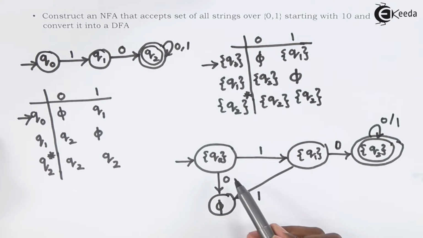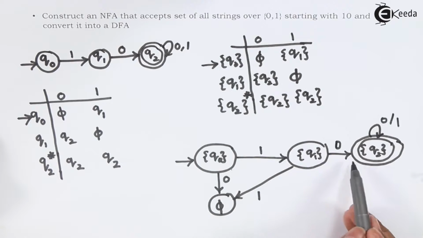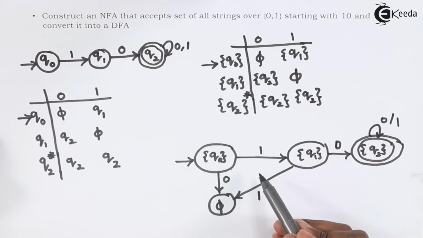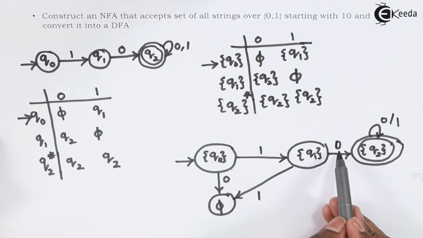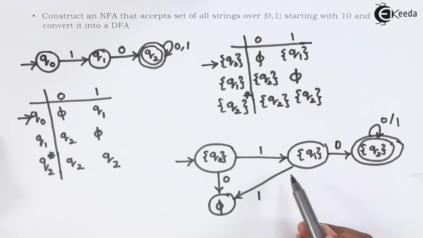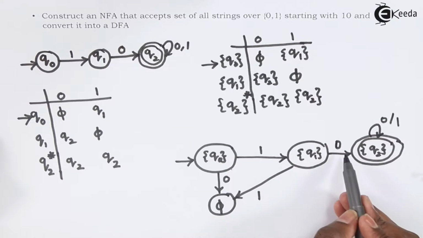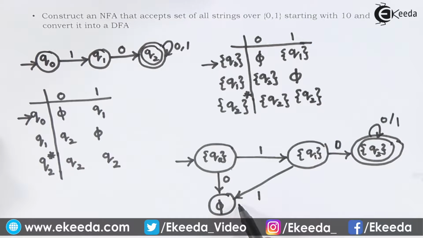Q0 is the initial state. Now on 1 it will have a transition to Q1, on 0 it will have a transition to Q2, and now all the symbols are ignored because we have already encountered 1 followed by a 0. That means our string starts with 1 0. Any string which starts with 0 will encounter the dead state, and any string which has 1 as the second symbol will again go to the dead state.